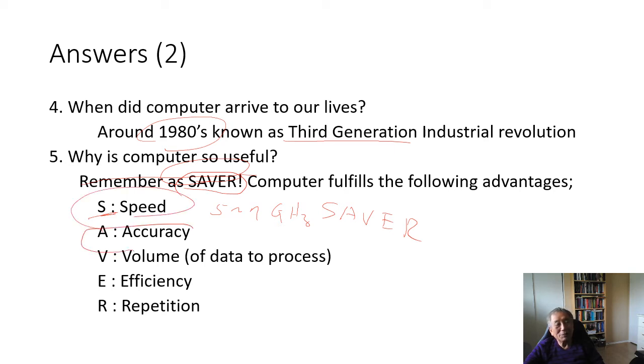Then it never makes mistakes. So this is accuracy. Then it can handle a huge volume of data. So speed, accuracy, and volume. This is with the help of hardware. The processor got faster. Accuracy is always 100%, but there used to be a little bit of electronic problem causing some trouble, but not anymore.